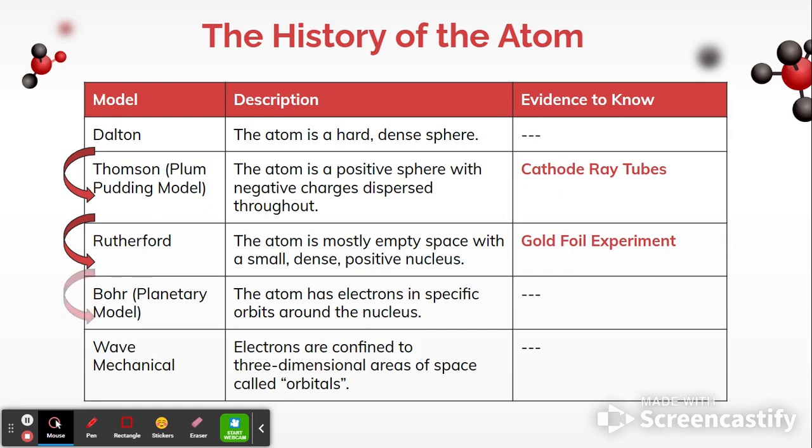The next model was the Bohr planetary model, which stated that atoms have electrons in specific orbits around the nucleus. The next and most recent model of an atom is the wave mechanical model, which defines an atom to have electrons that are confined in three-dimensional areas of space called orbitals that surround the atom's nucleus.